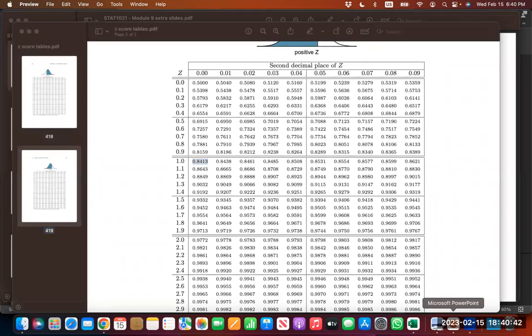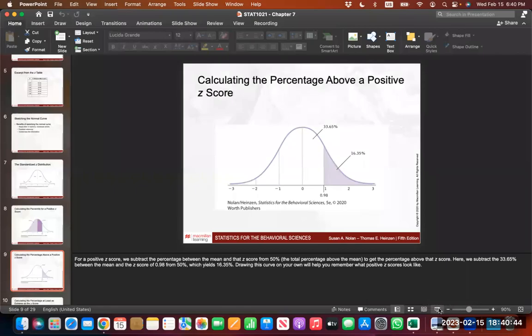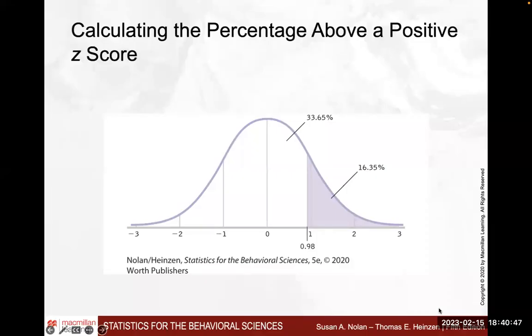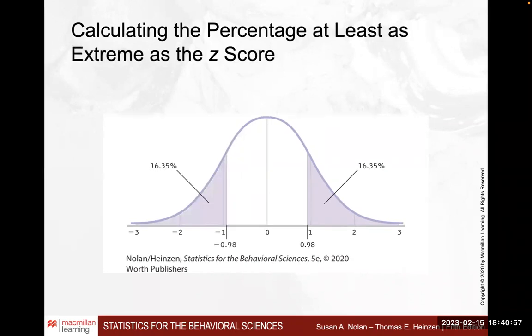This relationship does not change and allows you to calculate proportions above, proportions below, and proportions between an interval. Both of these will be important. So this is the example that we want to utilize now. We have 0.98 and minus 0.98.